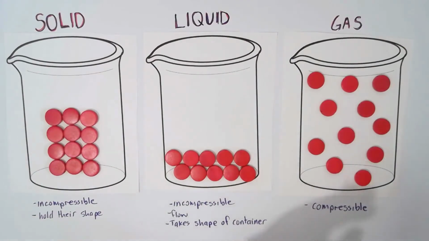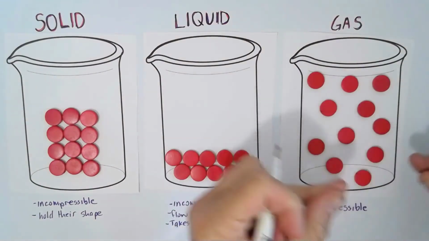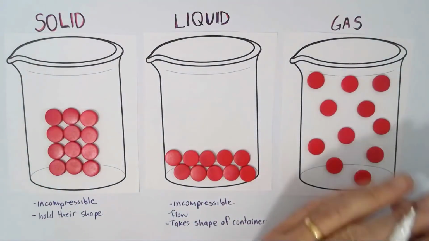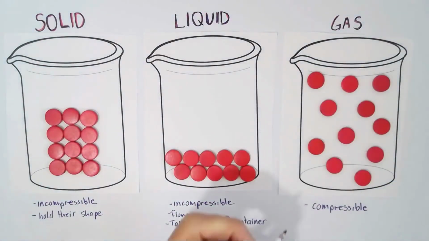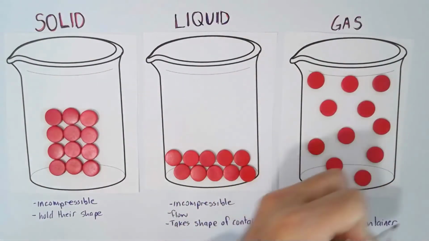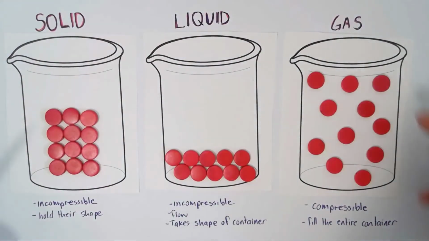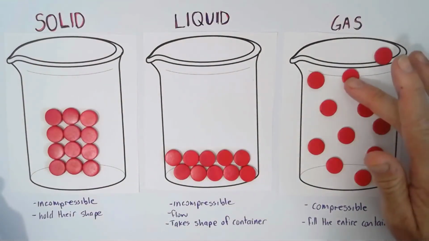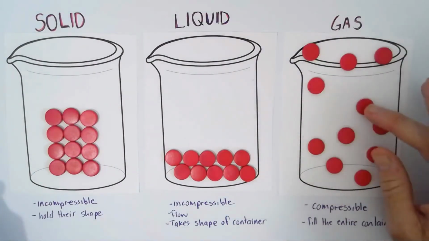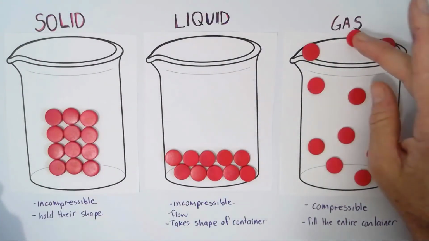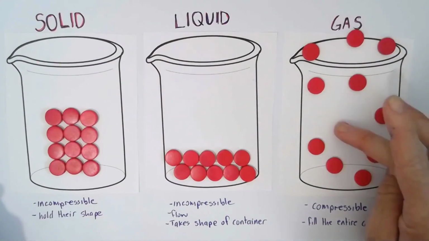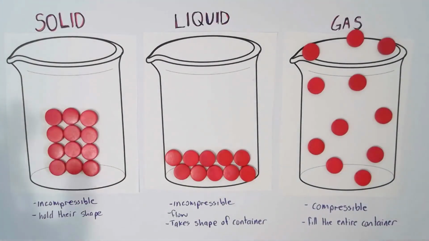And also, the gas particles are not in contact with each other at all, so they're able to fill the entire container. And that's, of course, assuming that there's a lid on the container. And if there's no lid, well, the gas particles are probably just going to keep on going. They're lighter than air, they're just going to keep on going. Some of them are, at least. So that's the different properties of the different states of matter.